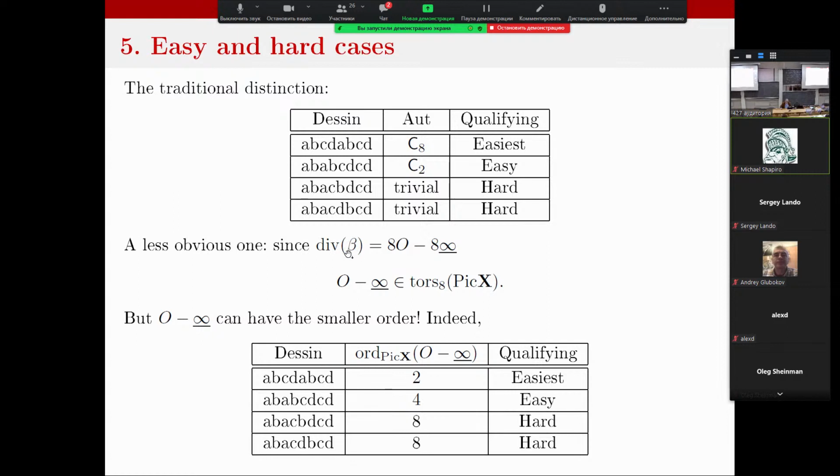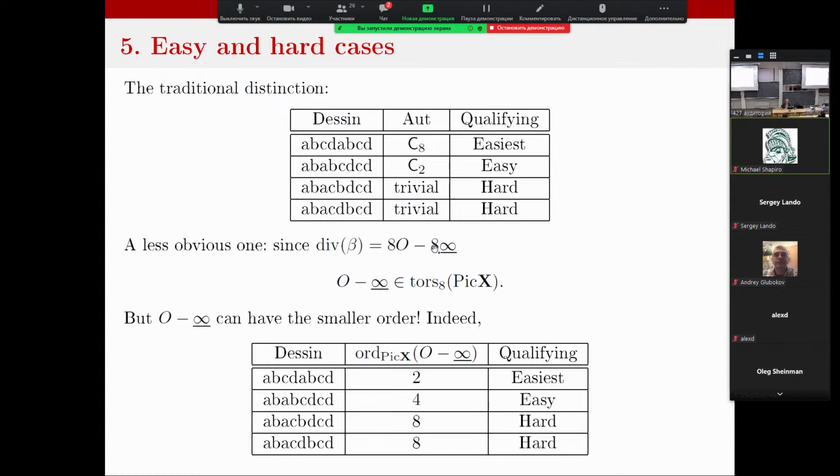Beta is the traditional notation for the Belyi function, and according to, again, the rule of correspondence, it is such a funny function that has set-theoretically the only zero we denoted by O, and the only pole denoted by underlined infinity.